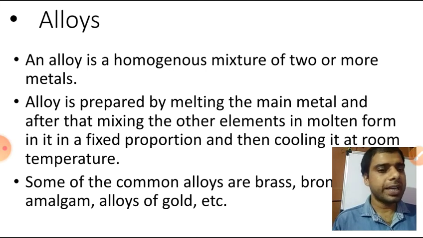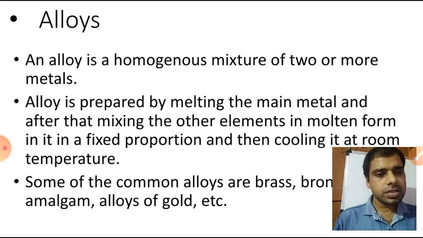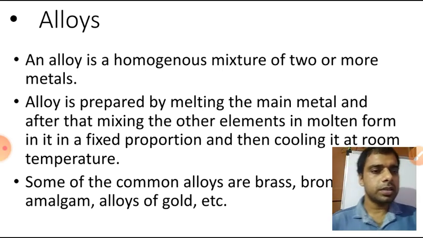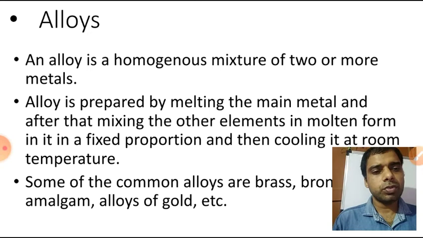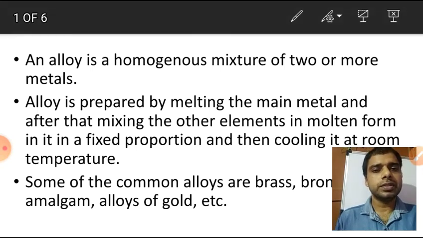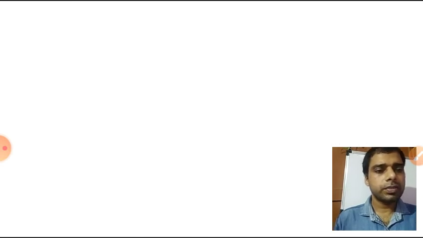First of all, iron is in the solid form. Can I mix some other element in solid form into the liquid form? No, we cannot. So first of all, we have to melt our first metal. Okay?